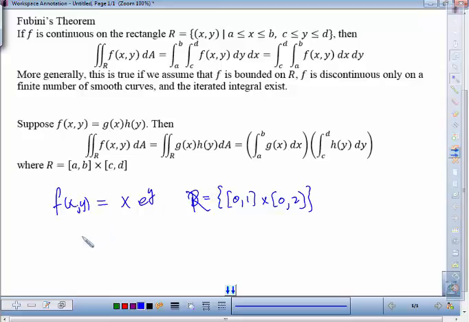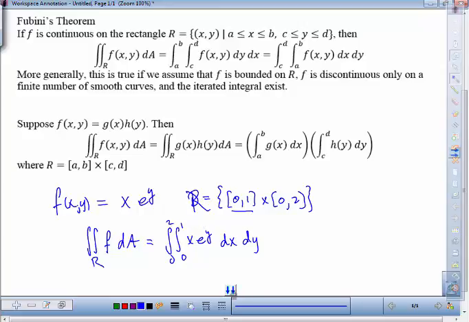And so the integral of this is going to be an iterated integral of the function x e to the y. We can integrate with respect to x first, dx, with x limits from 0 to 1, and then integrate with respect to y, dy, from 0 to 2.